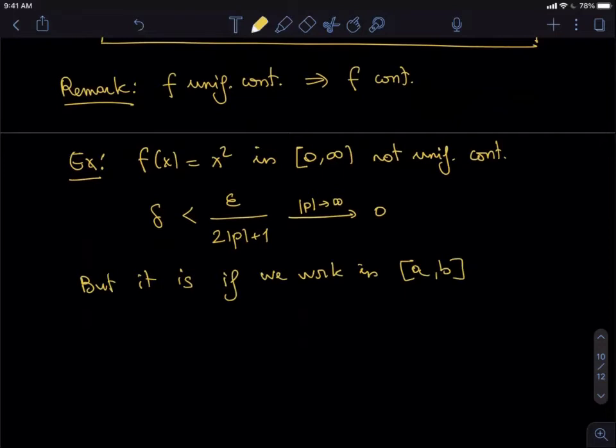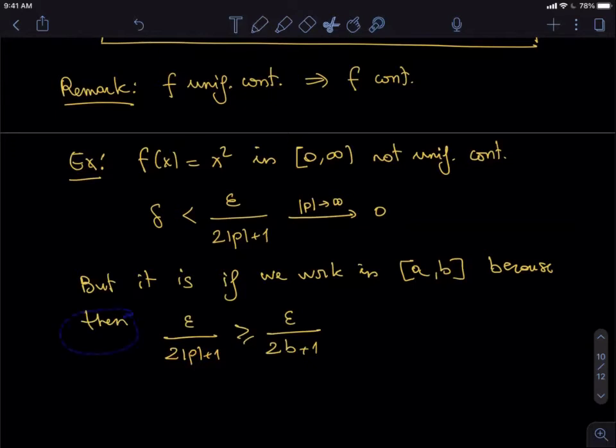Why is that? Because then this number epsilon divided by 2p plus 1 is bigger or equal than the value with the largest number we can put in the denominator. So here we can put epsilon divided by 2b plus 1.